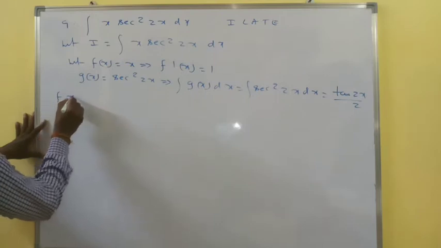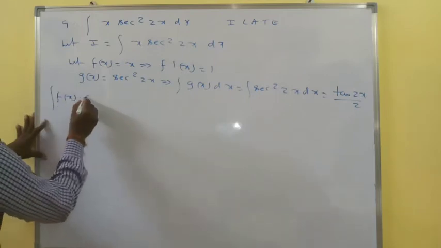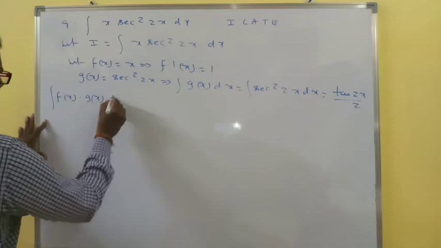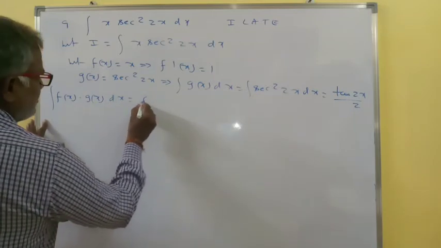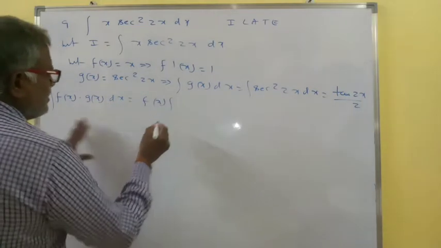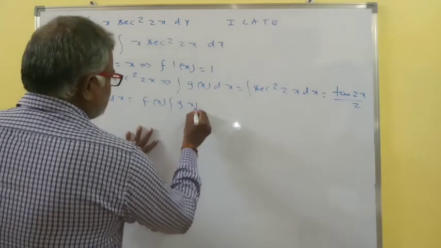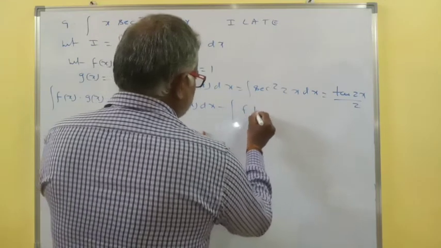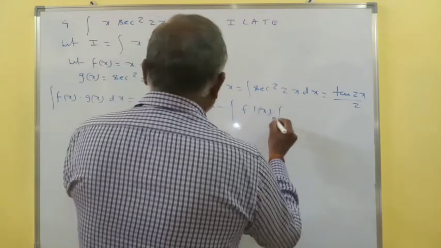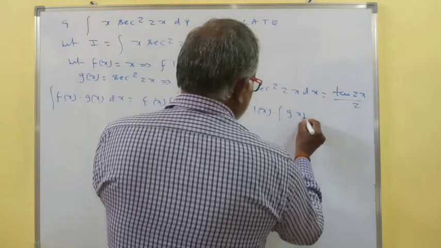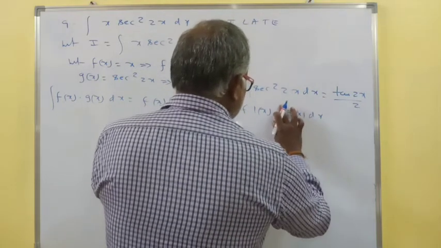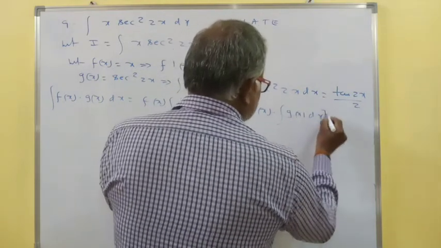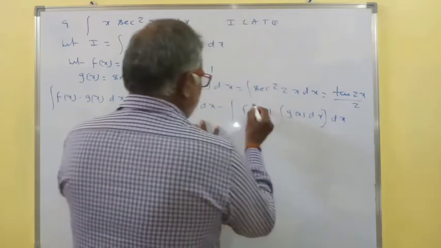Now write down the formula: integral of f of x g of x dx is equal to f of x into integral of g of x dx, minus f dash x into the integral of g of x dx.